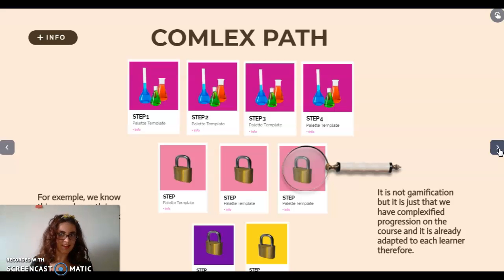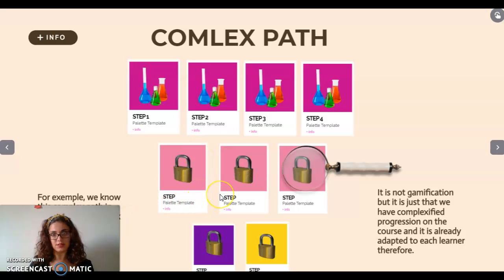It's not easy. Like here, you can see step 1. You have to pass 4 steps, and if you can pass some condition, you can pass to the next level.